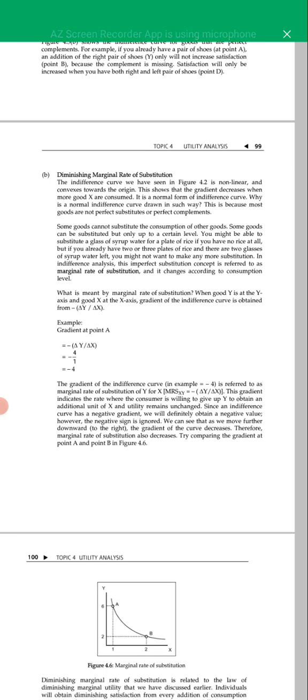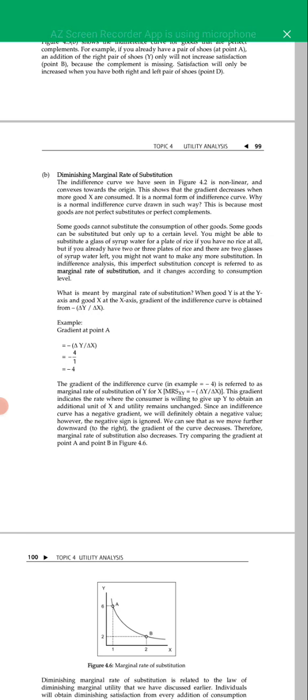Okay, so we looked also at the diminishing marginal rate of substitution. The diminishing marginal rate of substitution simply tells us that as the consumer increases the consumption of one good, the marginal rate of substitution declines, and that is the law of diminishing marginal rate of substitution. When the consumer is increasing their consumption of one good, let's say for example x, the more x you have, the marginal rate of substitution will be declining, meaning it will reduce.